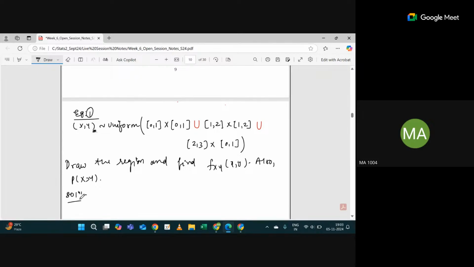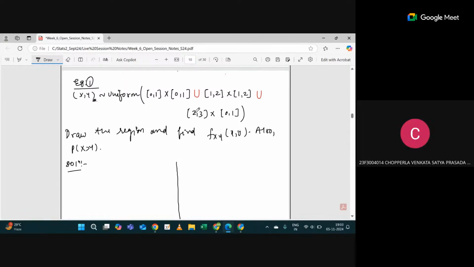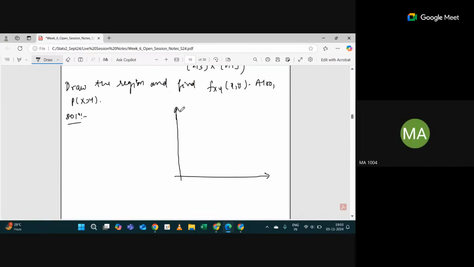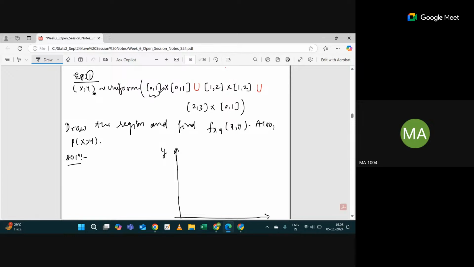Let me draw the region first, for this uniform D. This is my x, this is my y. This (0,1) means x is between 0 and 1.